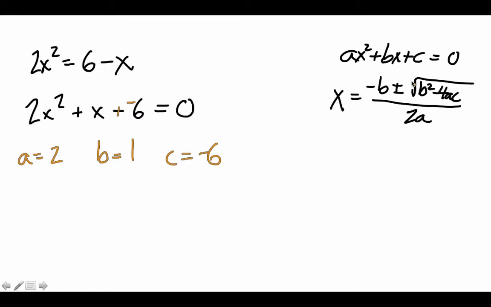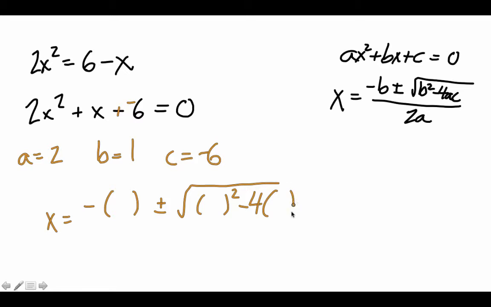Now, if you know this formula and you have to memorize it, you should start by writing x equals the opposite of b plus or minus the square root of b squared minus 4 times a times c, all divided by 2 times a.